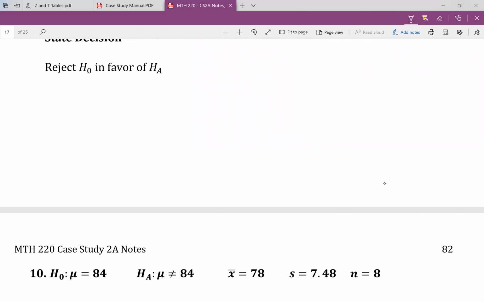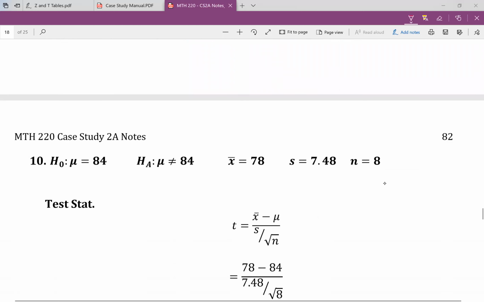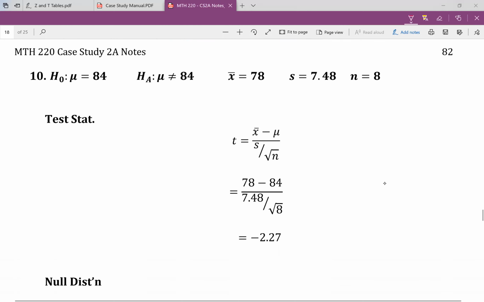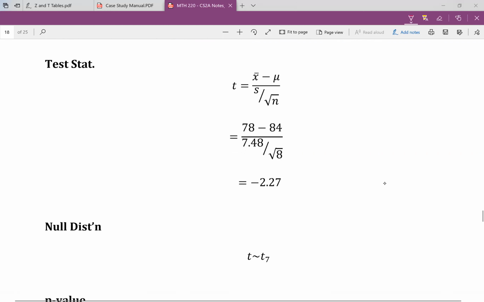All right, so again, I'm going to go through this one a little bit quicker. We start with calculating our test statistic. So you should get negative 2.27. That's awesome. Another one we can practice with, looking at the negative side. The null distribution is Student's t distribution with 7 degrees of freedom.